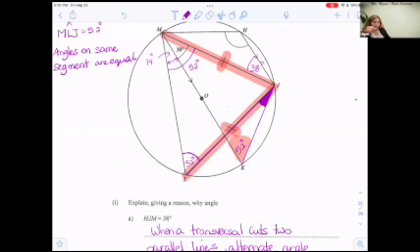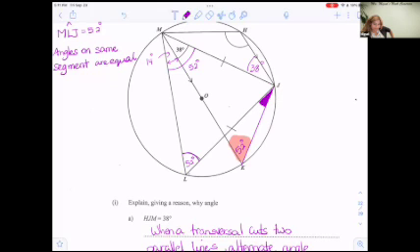Let's see what else we can figure out. So that is 52. Did we work out 52?